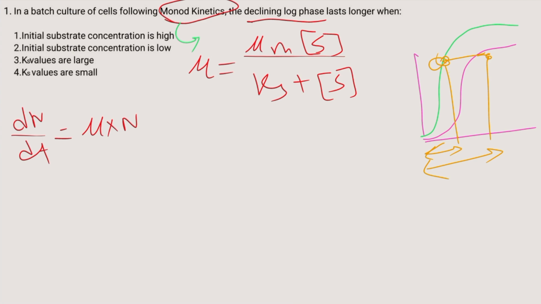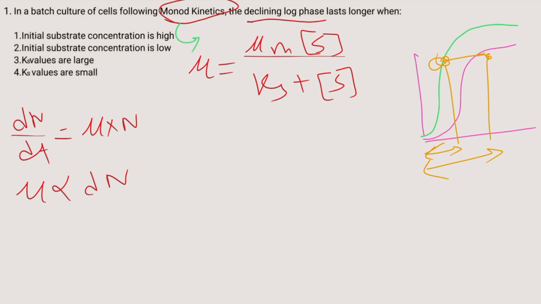So the mu is directly proportional with the dN. If the mu is high, that means the number of newly produced cells will be higher. Mu will be high, that means the production is also high.